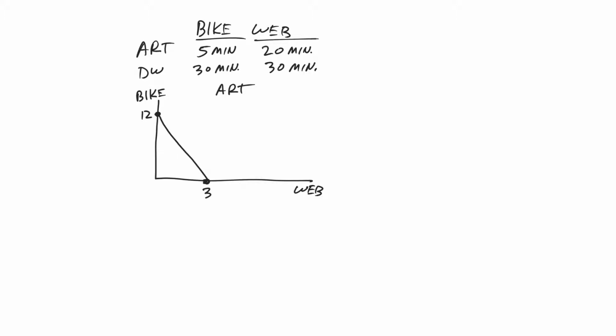Well, how about DW? Well, DW can produce a bike repair in 30 minutes. Got bikes on this axis again, just like with Arthur.